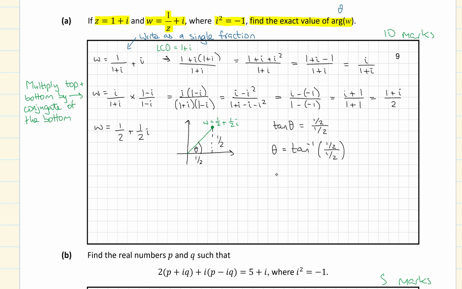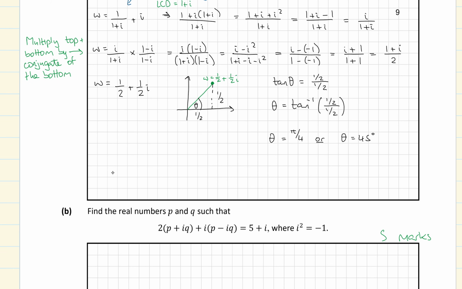Into your calculator, they don't specify degrees or radians, so either one will work. So into your calculator, tan inverse of a half divided by a half will give you pi over 4, or else 45 degrees. Okay, so just to state your answer at the end, argument of w equals pi over 4, or argument is 45 degrees.